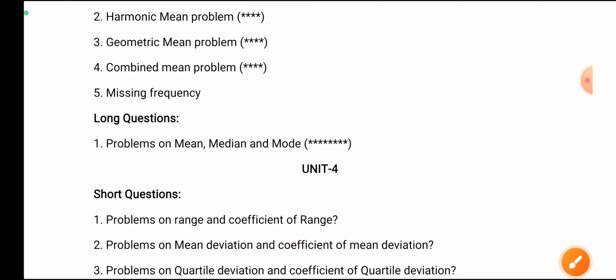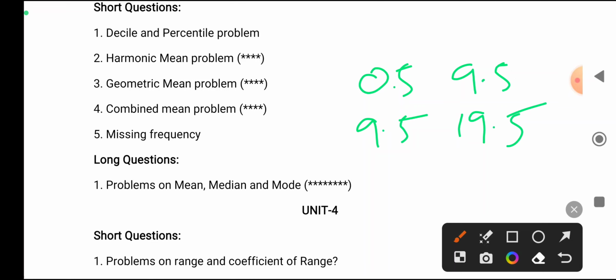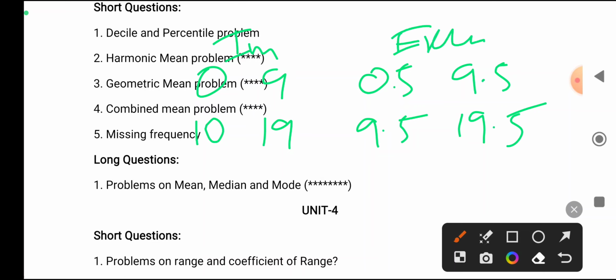We subtract 0.5 on one side and add 0.5 on the other side, so 9.5 to 19.5, like this it will be changed. If it is given as 0 to 9, 10 to 19, inclusive, we need to make it exclusive, then solve the problem.